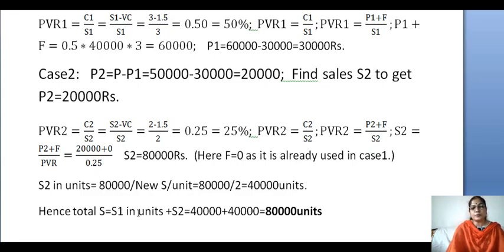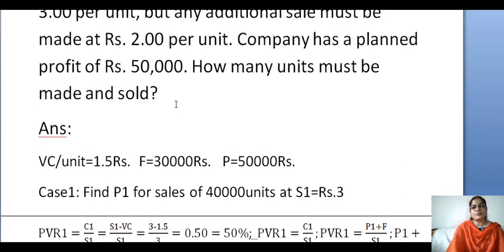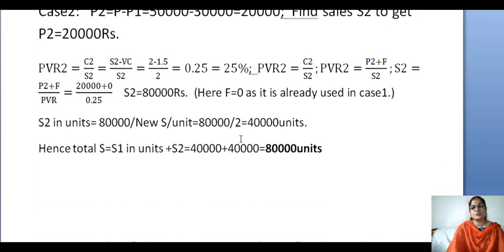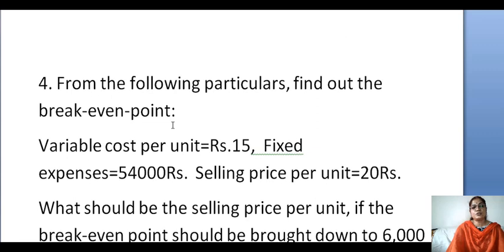Now let us add both, because how many to be produced is asked in total. So S1 units is 40,000, S2 in units is 40,000. Totally 80,000 units should be produced, so as to get a profit of 50,000, wherein first 40,000 will be sold at 3 rupees, remaining 40,000 will be sold at 2 rupees.